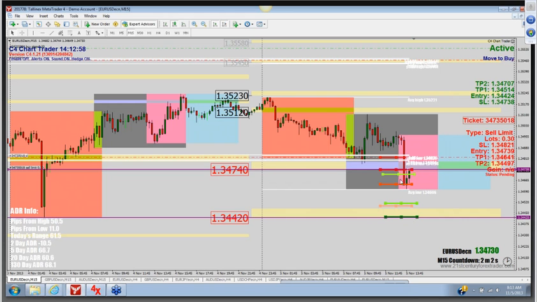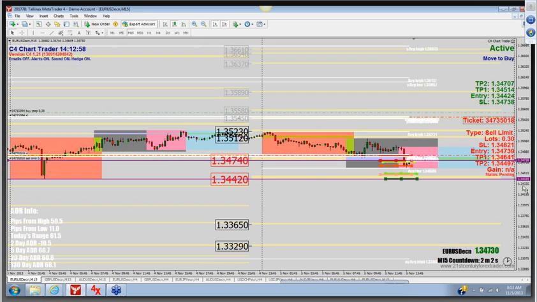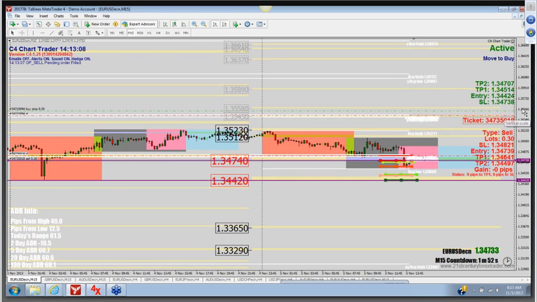If we do push down to 34.42, we might stall out right here and be able to get a couple of pips on a bounce. So I'll look at that as well. 34.73. Where my stop loss is.